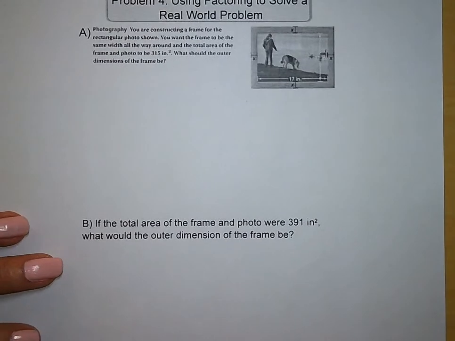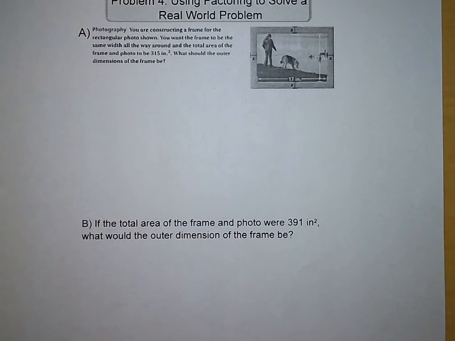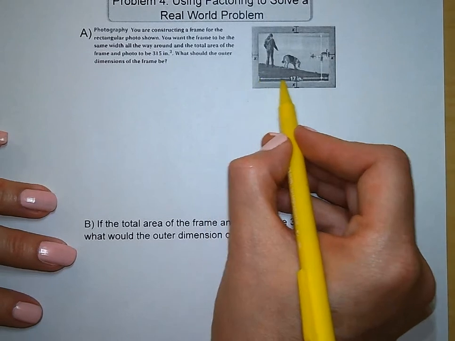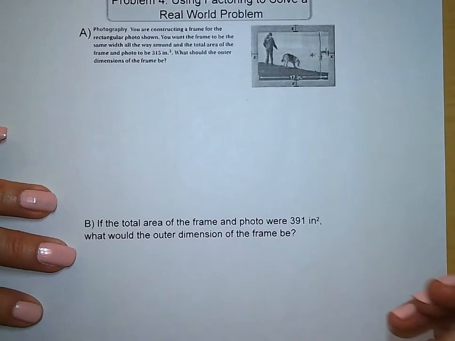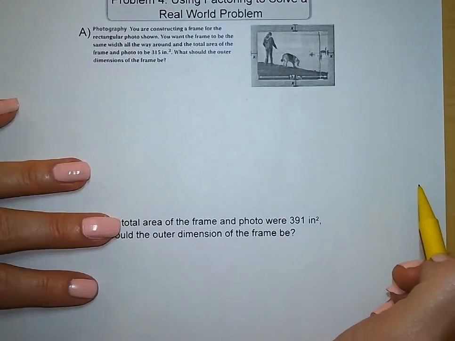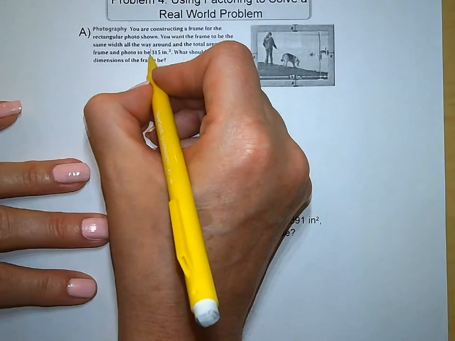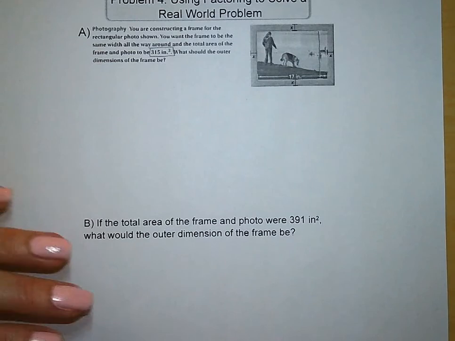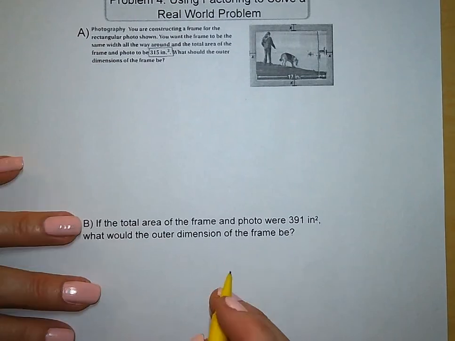All right, lastly, we've got a couple of word problems for us today. So we're going to start off with a frame for a rectangular photo, and we want to know what the dimensions are going to be given a certain area, which is 315 square inches. So we know that our picture frame is 17 by 11, so we're going to use that as our starting point.